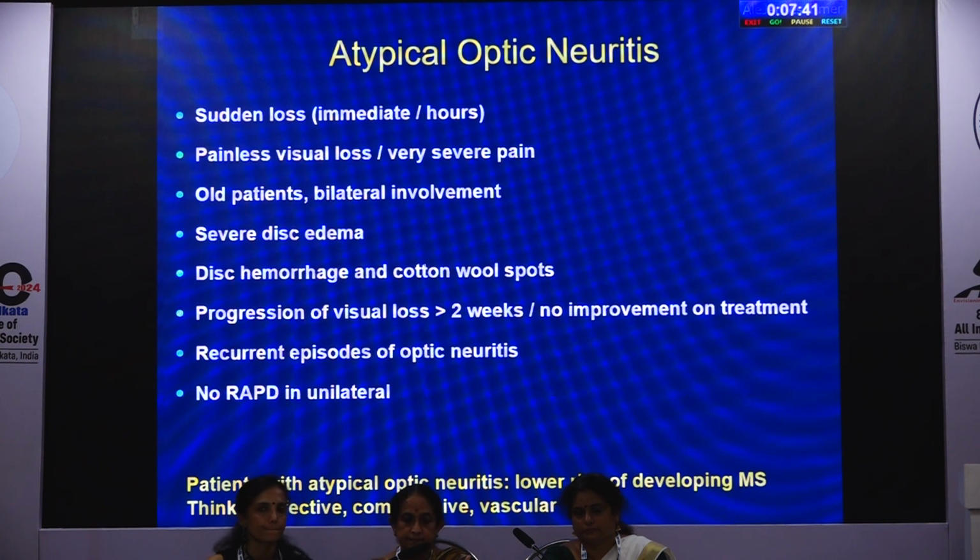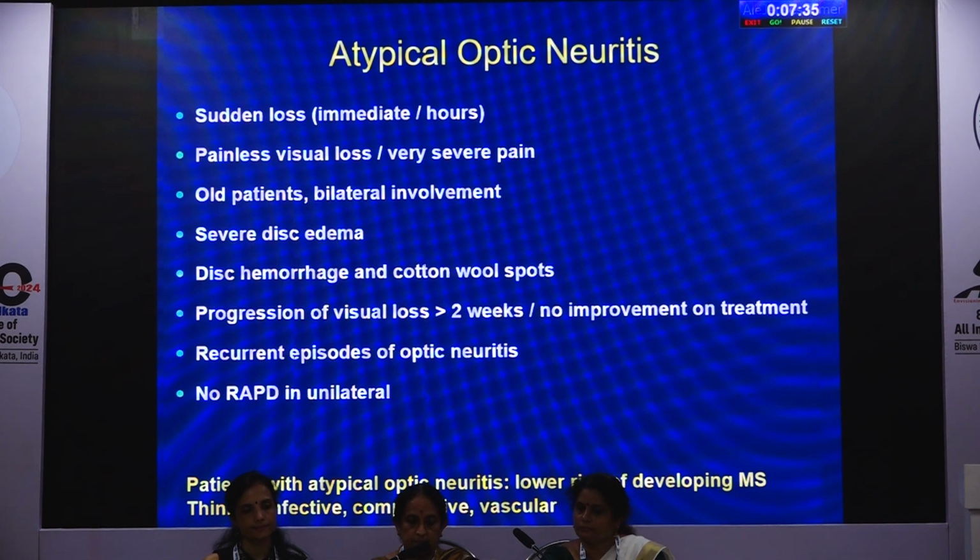Now this was what a typical optic neuritis was defined as, the kind of classification the ONTT used to include patients and define them as optic neuritis. Now we understand that that is just one category of presentation, and a large number of patients will present the other way around, which may be very sudden loss.